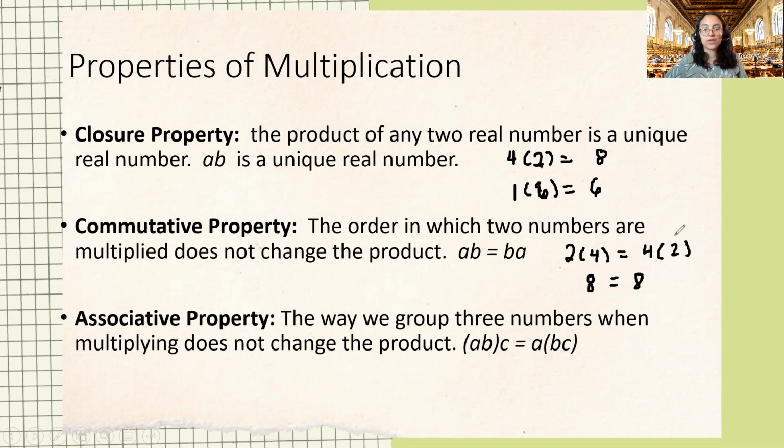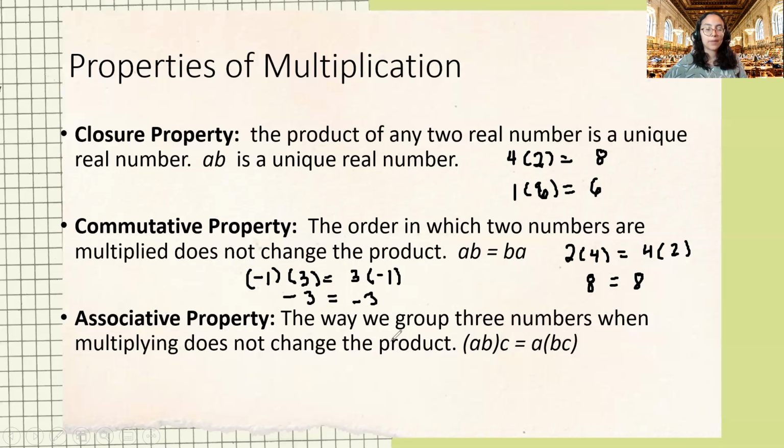Whether the 2 came first or whether the 4 came first, we still got the same answer. And this can also be true if we use negative numbers. If someone asks you to multiply -1 times +3, or if I ask you to multiply +3 times -1, then on the left-hand side we'll get -3, and on the right-hand side we'll also get -3. So the order in which we multiply two numbers does not change the final answer.